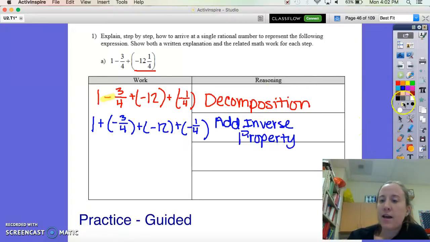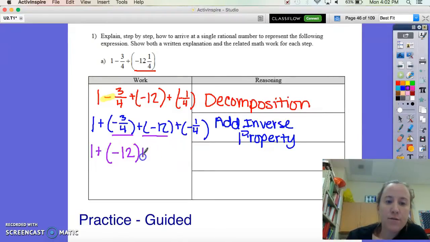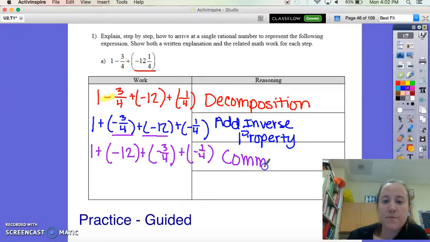So I can go ahead and use the commutative property to change around the order of my numbers. So I'll have 1 plus, I'm going to switch around the negative 12 and the negative 3/4. And I've still got the negative 1/4. And that was the commutative property.